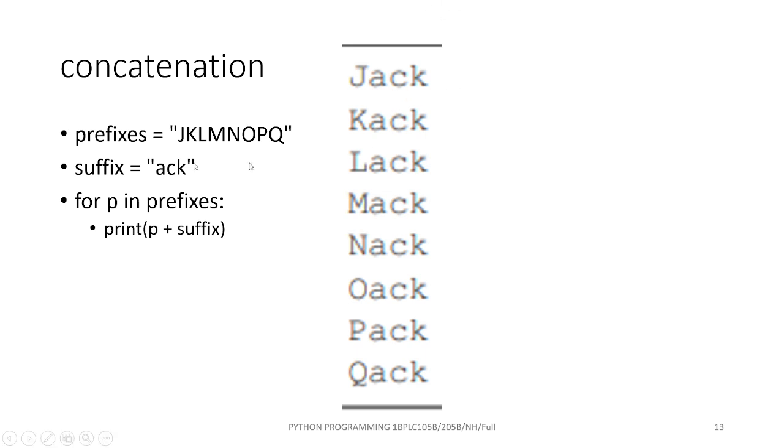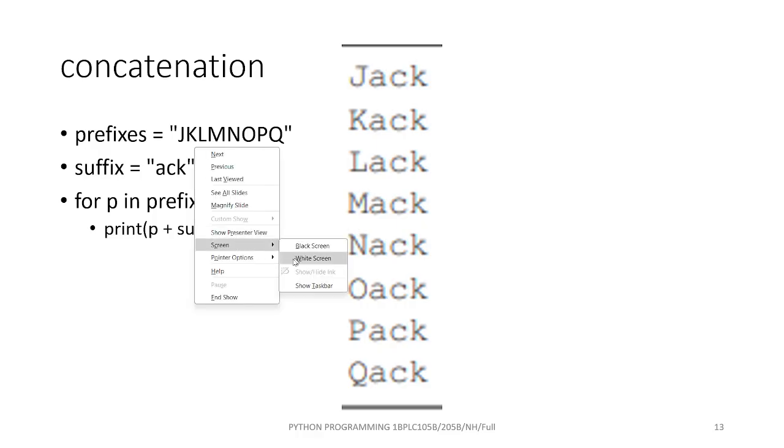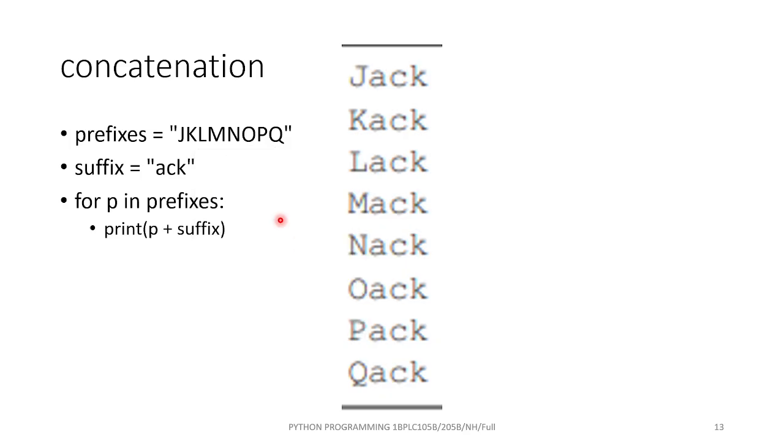In this case, I'll take one example: JKLMNOP. I'm going to concatenate ACK with each and every character. So I will iterate over this: for P in prefixes, print P, J, then the ACK suffix concatenated, then it displays. Like that it repeats for all the characters, with ACK added to each.